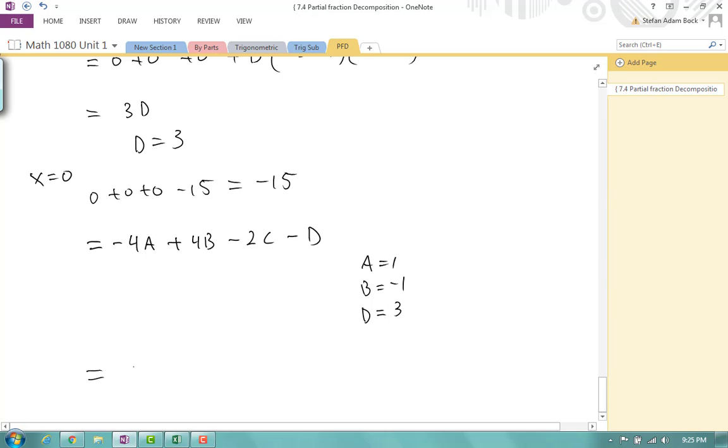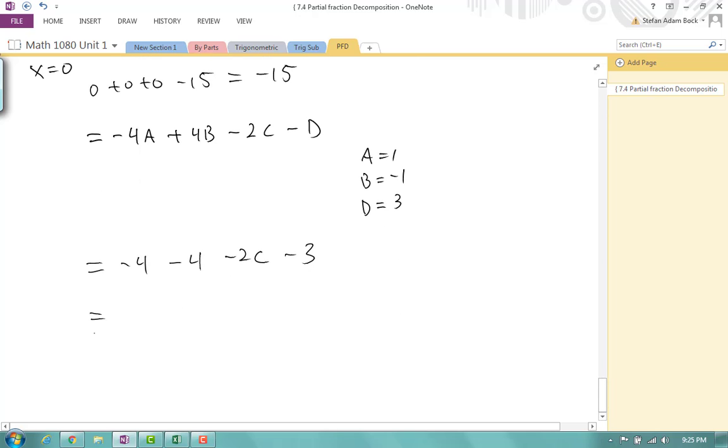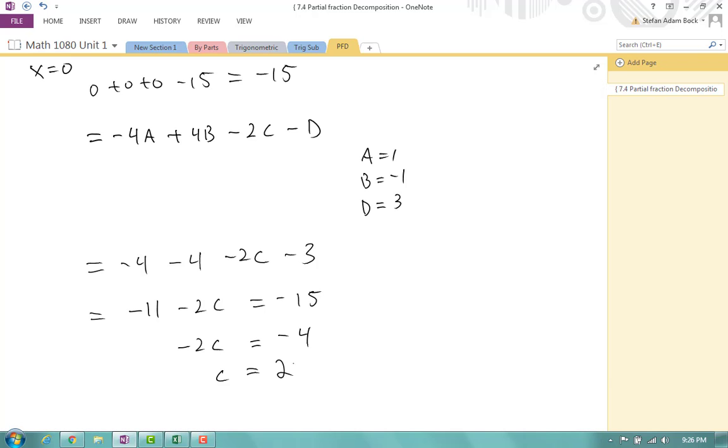Which means this is equal to minus 4, minus 4, minus 2c, minus 3, which is minus 11 minus 2c. That's supposed to be equal to minus 15, which means minus 2c is equal to minus 4, or c is equal to 2. So I've found my decomposition. And I would go through and just integrate all of those if I was looking for an integral.